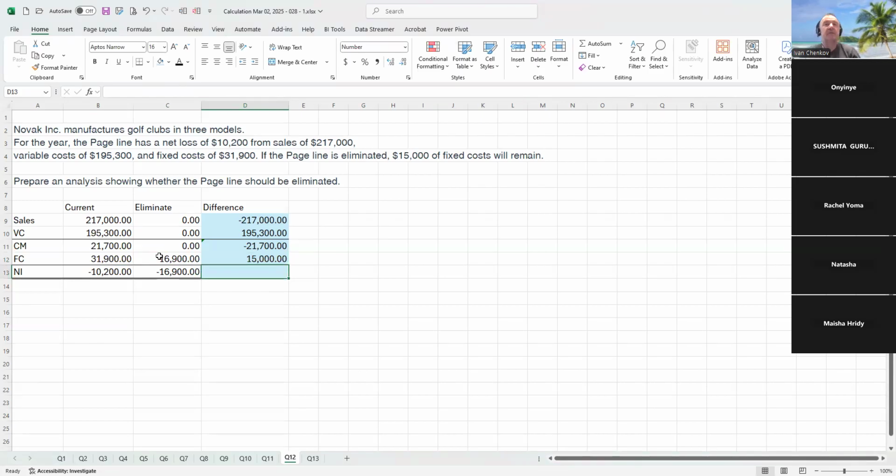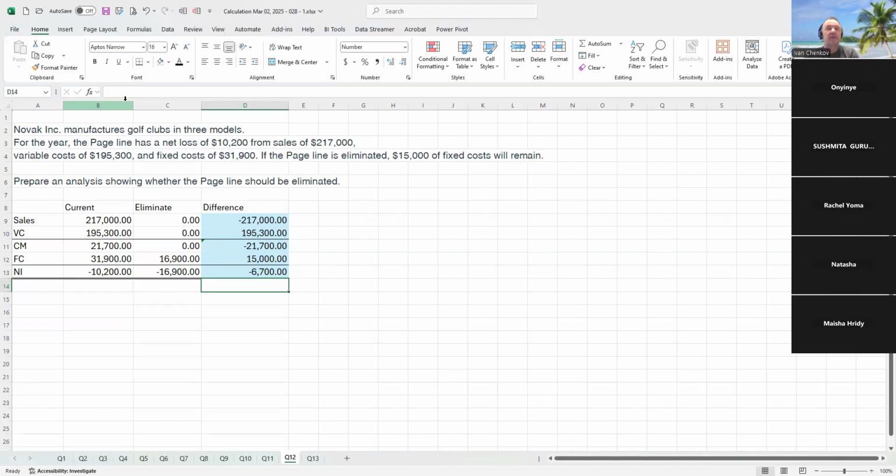Is the 15,000 saving on the fixed cost enough to cover the contribution margin loss? No. So where do we end up? Loss. How much? Sorry, that will be here plus 7,000. Minus 6,700 gone.